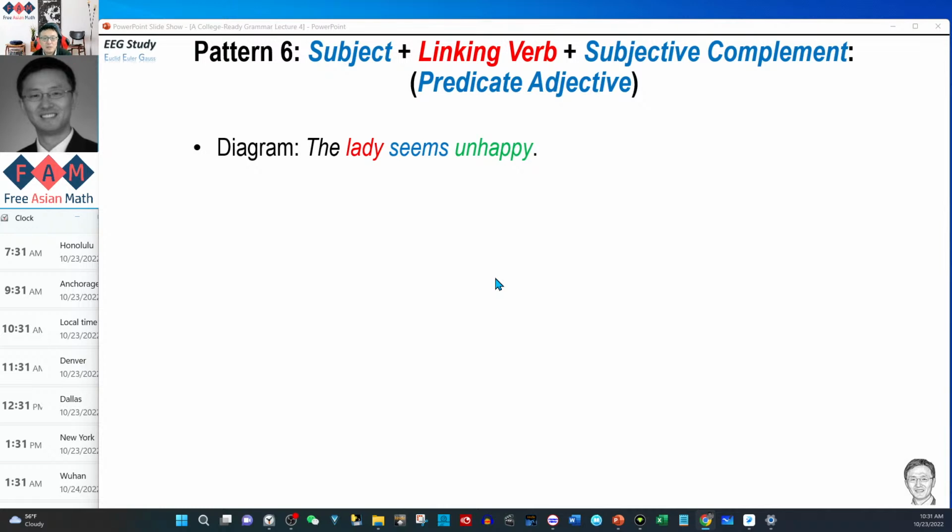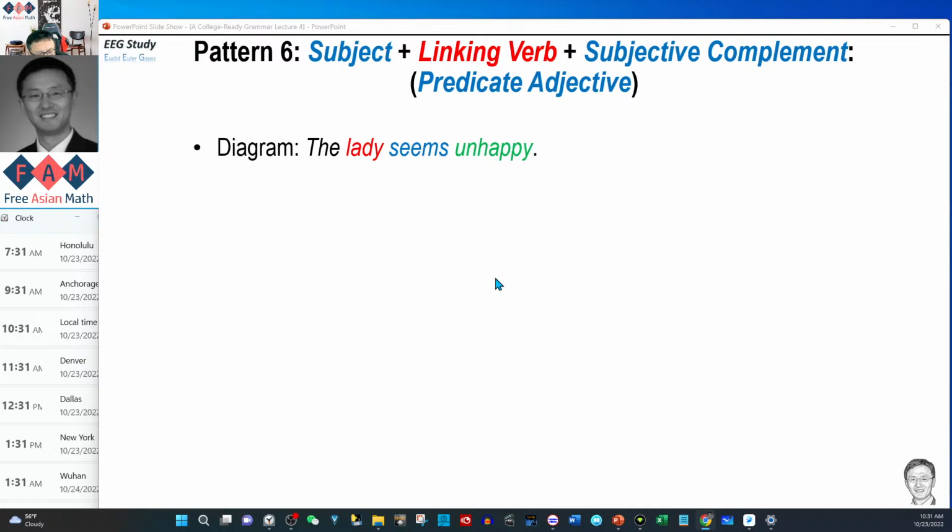But if we say the lady seems unhappy, we still try to say the lady is unhappy, but it just adds a little bit of uncertainty. We are not 100% sure. Maybe we are wrong, but we believe the lady is unhappy.